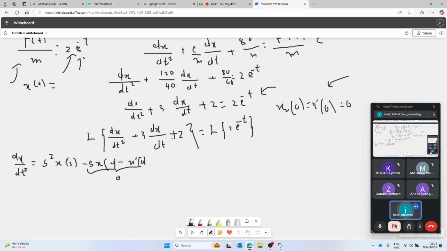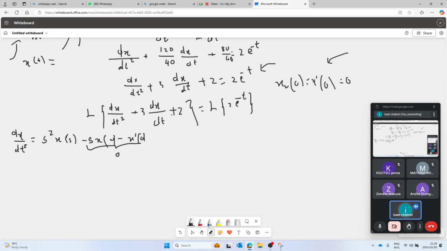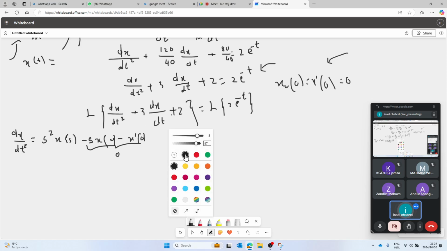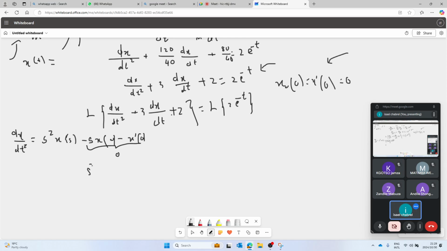That is only applicable when all your initial conditions are 0. I'm repeating myself: only when the initial conditions are 0. So now this expression becomes very easy. The Laplace of this term is s squared X of s.